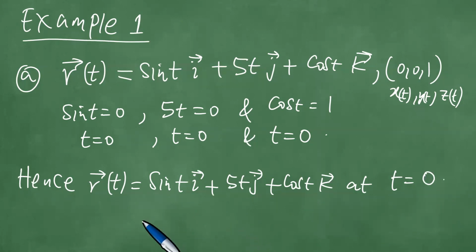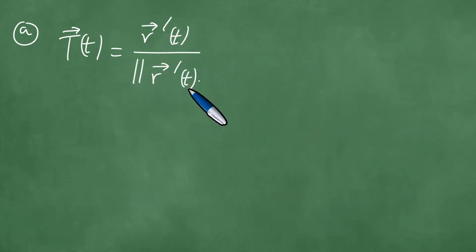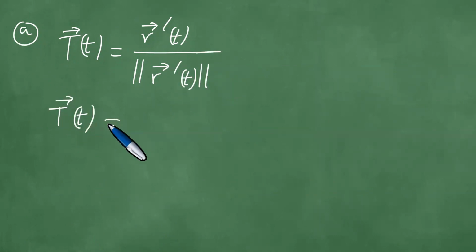So with this said, what is the unit tangent vector? Right, so the unit tangent vector T of the variable t is given as follows: r prime of t, which means we have this.